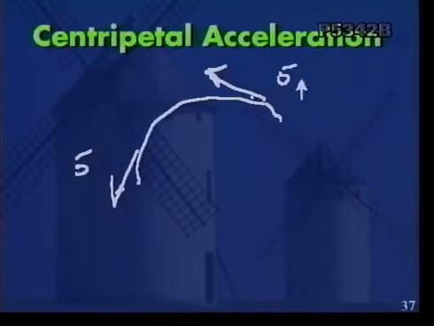The tangential speed, Vt, might be the same, 5 meters per second here, 5 meters per second over here. But the velocity changed. Why did the velocity change? Because it changed directions. It was going in that direction at that point, a different direction here. So there is a change in velocity.